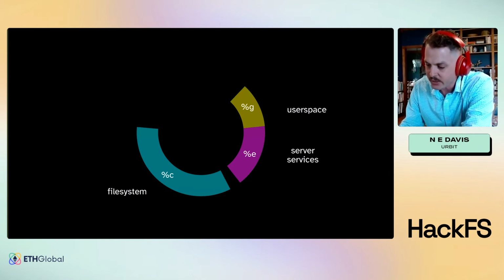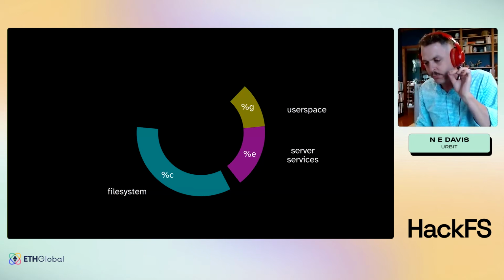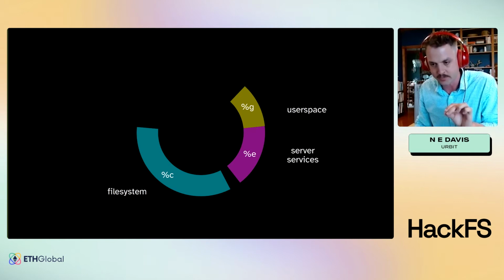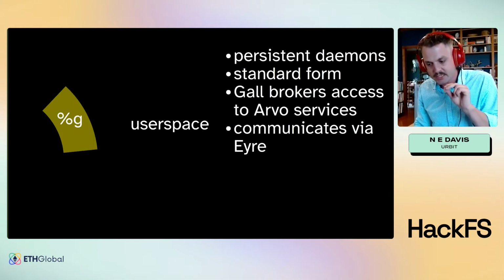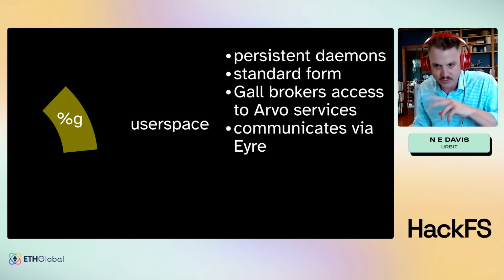As a hackathon participant, you are primarily going to be interested in three components of the Urbit system. This is the file system, the server vein, and user space. User space refers to apps or agents. This runs in a system, the %G refers to Gall, that is the name of the agent.